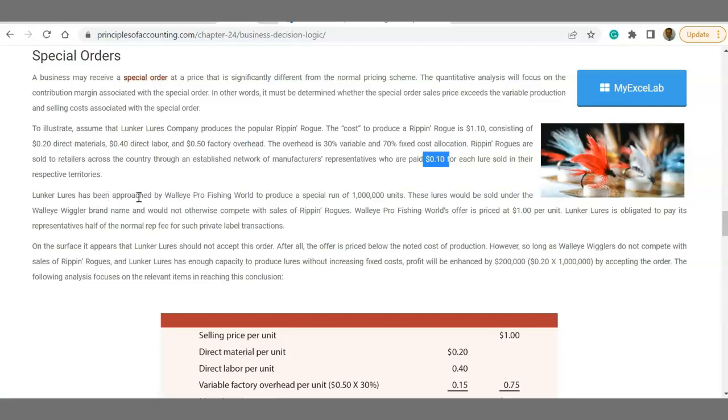Lanker has been approached by another company to produce a special run of 1 million units. These lures would be sold under the Valley Wiggler brand name and would not otherwise compete.